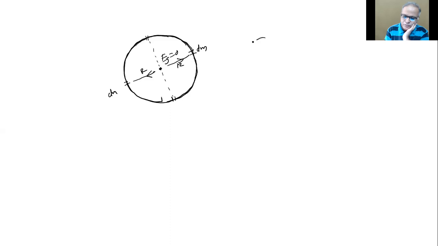But to prove that it is 0 at some other point, we need to go a little solid angle way. It so happens, of course, I'll just tell you in a simple way. Say if I imagine this to be two parts like this, you got a lesser mass here and a lesser distance here.